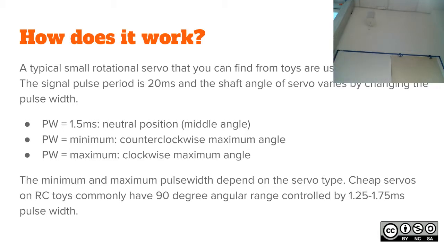But actually this can range from 1 to 2. That's quite common also. The problem of running it on too short or too wide a pulse is that it can get mechanically stuck if you run it on full tilt on either of those edges. Cheap servos do it.